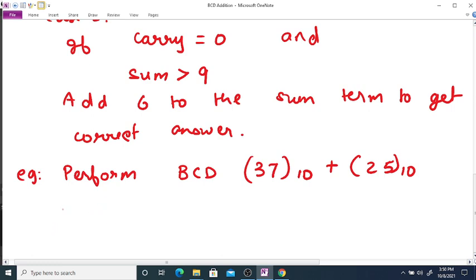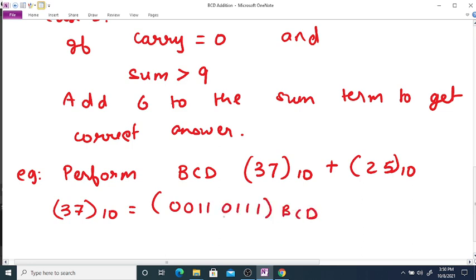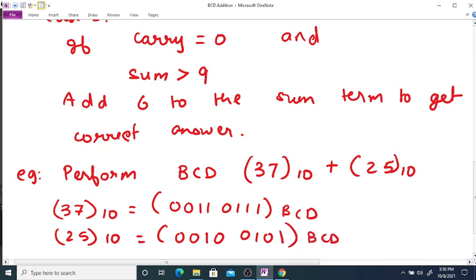So, 37 in decimal is represented as 0011 0111 in BCD. Similarly, 25 in decimal is represented as 0010 0101 in BCD.